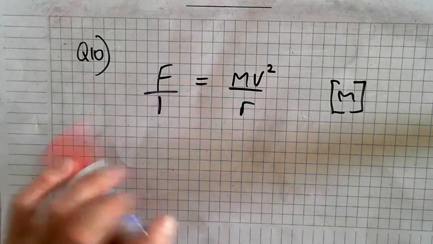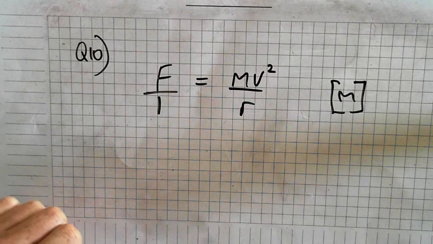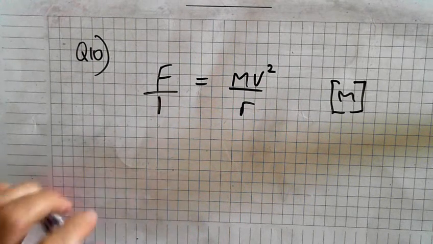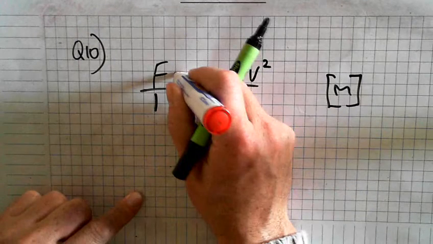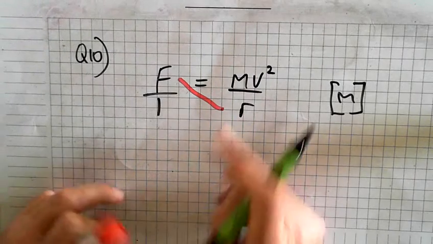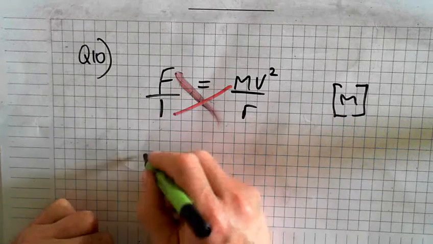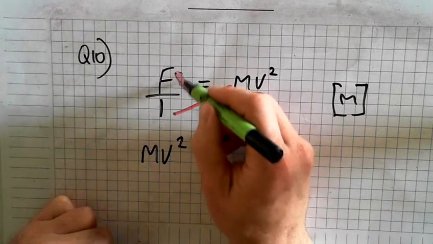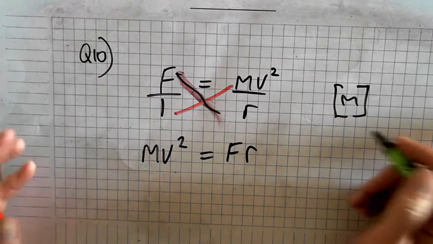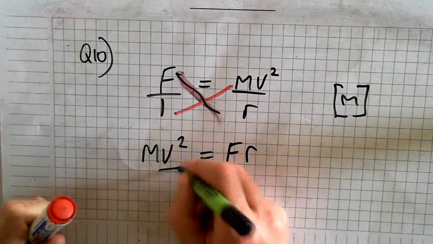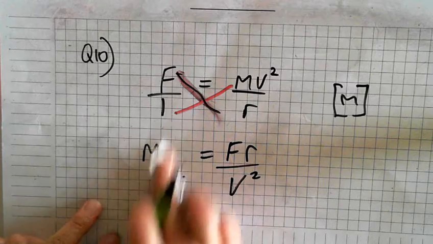I told you yesterday, if you've got 2 fractions in between, you can cross multiply. And f times r. Now, what do we not want? We don't want the v squared. V squared divided by v squared is 1.